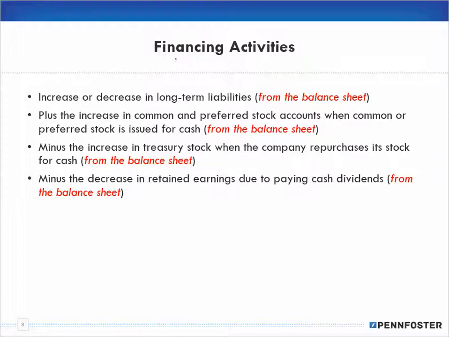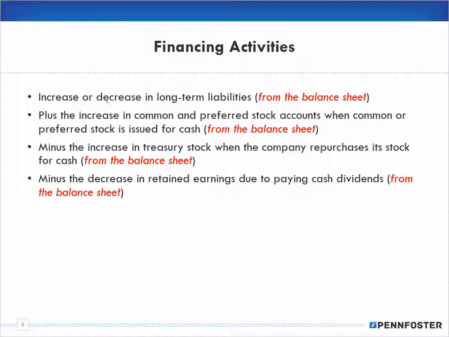You're not supposed to define something using the same word, but in financing activities, it's what we finance in the business. These are the four things that are most commonly used.